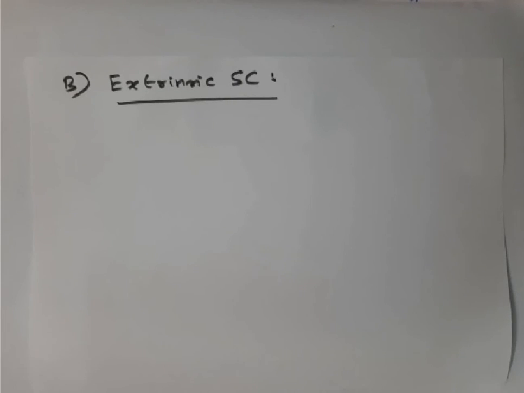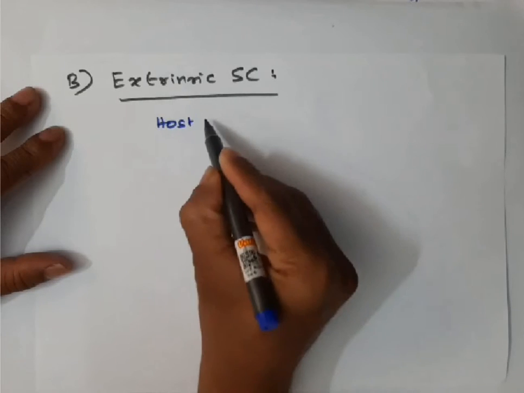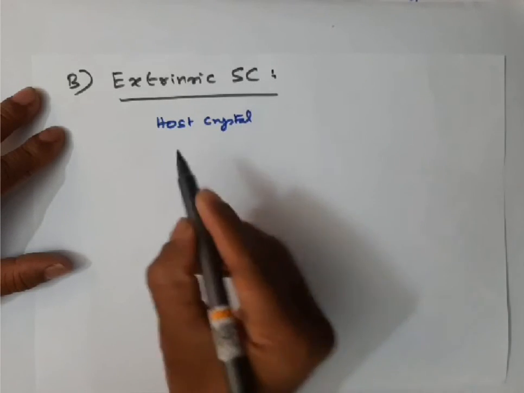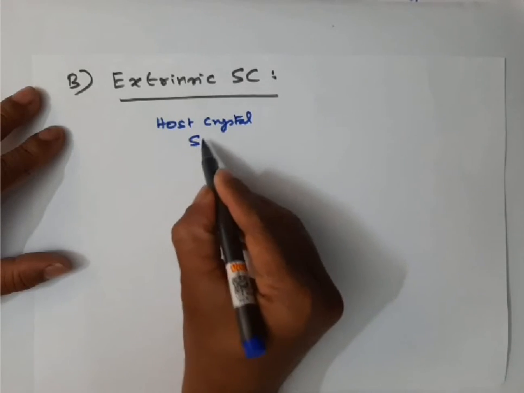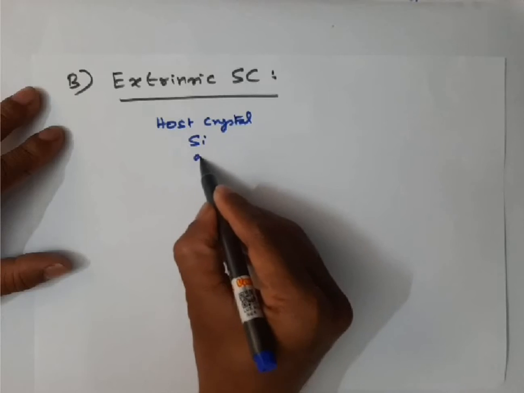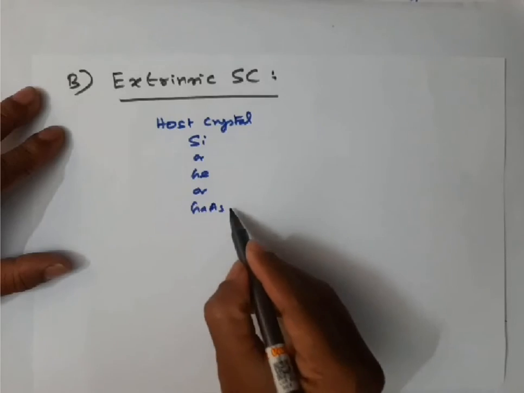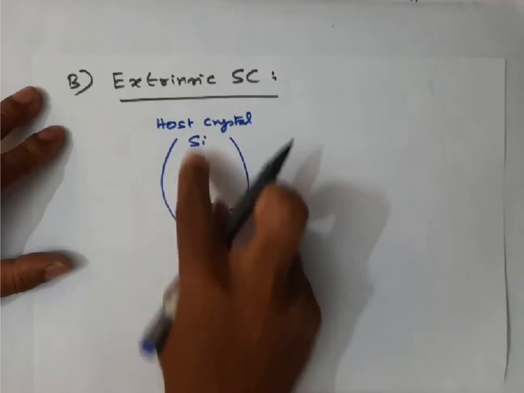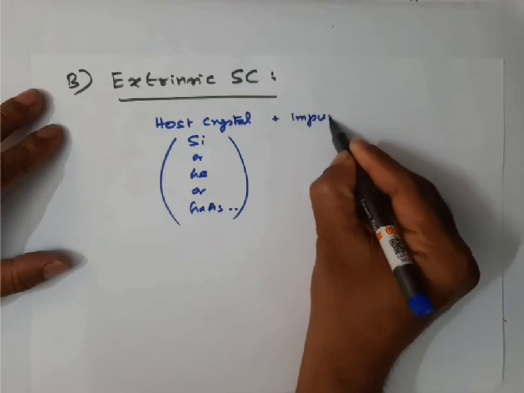I have told you, we'll take silicon, germanium, gallium arsenide, and we'll add some impurity. Very specifically, the host crystal is a pure semiconductor material like silicon or germanium or gallium arsenide, etc. To this host crystal, we will add some impurity.